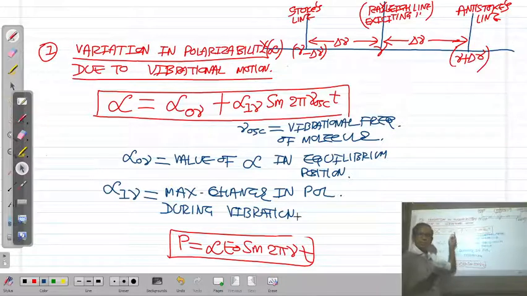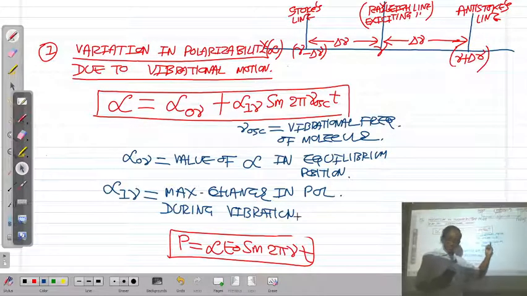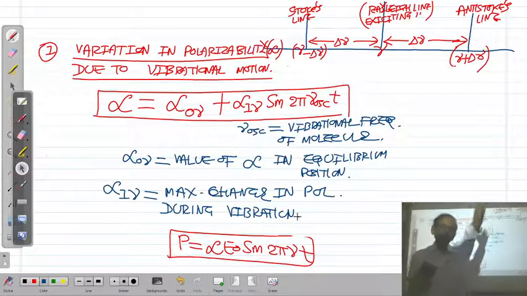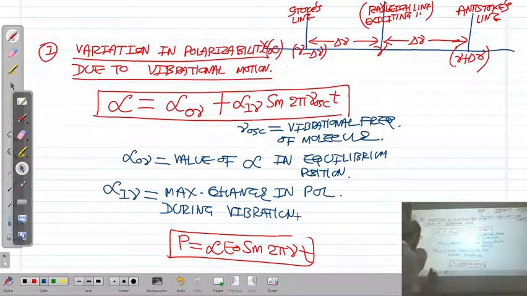Alpha 0 nu is the value of polarity alpha in the equilibrium position of the molecule. Alpha 1 nu is the maximum change in the polarity during the vibration. In simple harmonic oscillation, the maximum displacement is called amplitude.